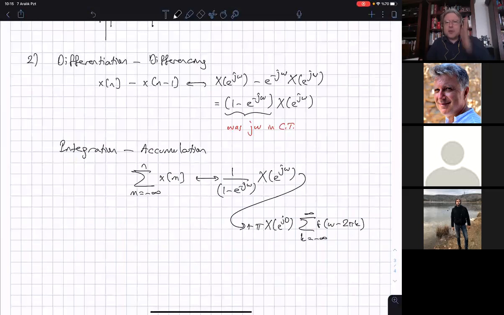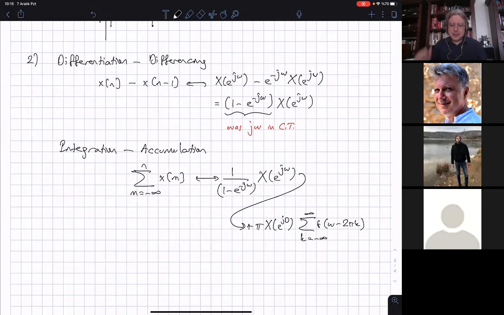Because if I have only one impulse in the center of the frequency axis, and it is added to a 2 pi periodic Fourier transform, this impulse makes everything spoiled. It won't be 2 pi periodic anymore. I have to have an impulse at 0, and I have to repeat them.